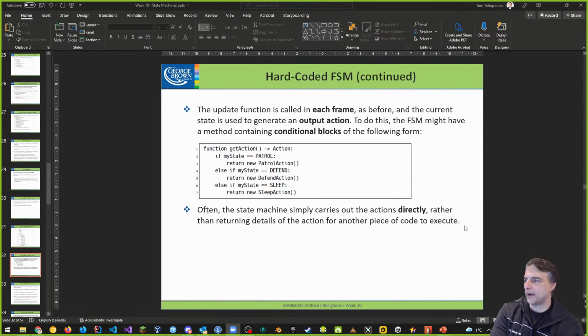All right, so again, we talked about how each of the transitions work. The update function is called each frame, and as before, the current state is used to generate an output action. To do this, the finite state machine might have a method containing conditional blocks of the following form. Here's an example that we talked about already.